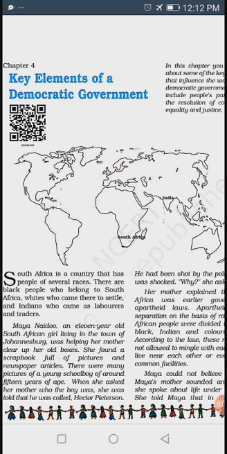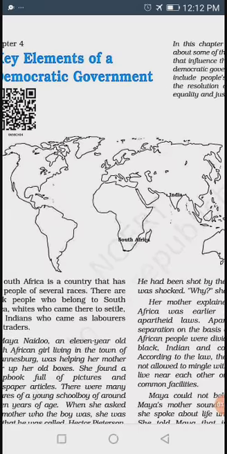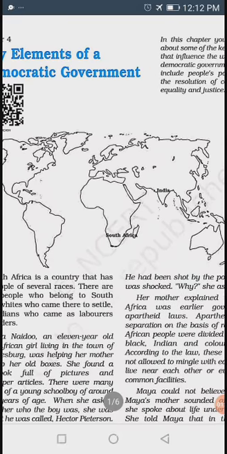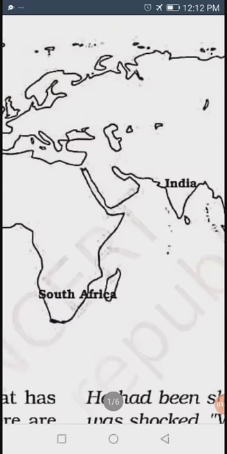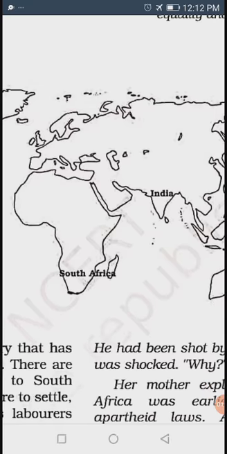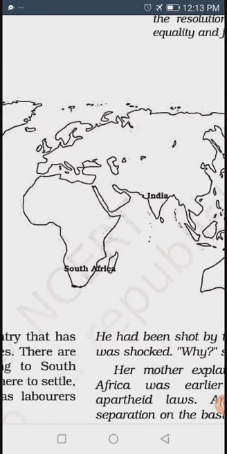So students, let's see, on your screen you can see that there is a map of the world shown, and in that you can see India as well as South Africa. These two major countries are shown on the map. You know that in India there is a democratic government, as well as in South Africa there is also a democratic government.